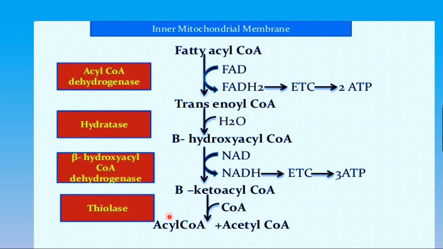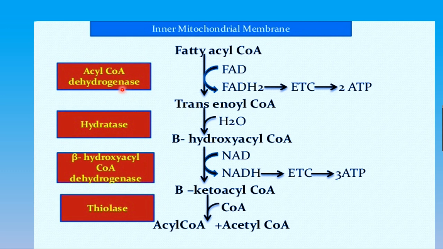So as I said, this is going to occur in 4 stages, that is two oxidation steps, this oxidation step and this oxidation step, a hydration step, and the last one is called the cleavage step. Okay, so let's see them. The first one is the oxidation step, where the activated fatty acyl CoA undergoes dehydrogenation by an FAD dependent flavoenzyme, that is acyl CoA dehydrogenase.